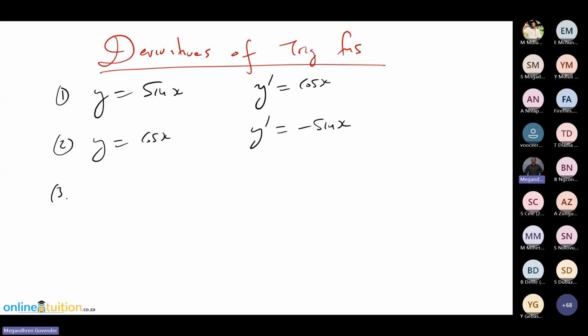And the third one, if y is equal to tan x, then the derivative of tan x, does anyone know? Maybe you read? Sec squared x. Yes, that's correct. So these are the three fundamentals that you need to know, right? Or what we call the base derivatives.